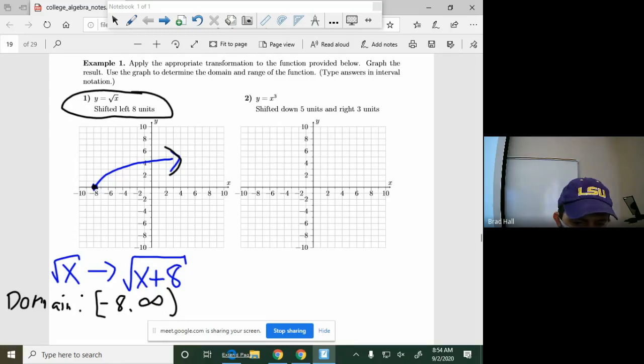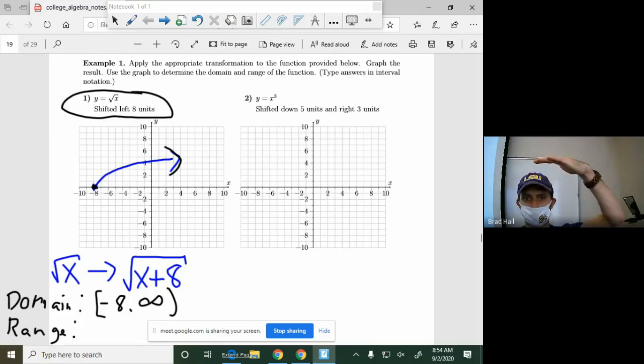And then the range, it's bottom to top, and it's y values. What's the lowest point on the graph? Well, I already have it highlighted. That's the lowest point on the graph. What's its y value? 0, which is part of the graph.